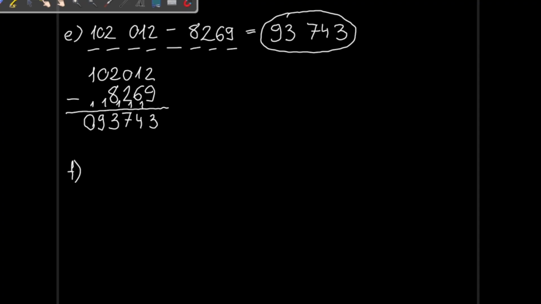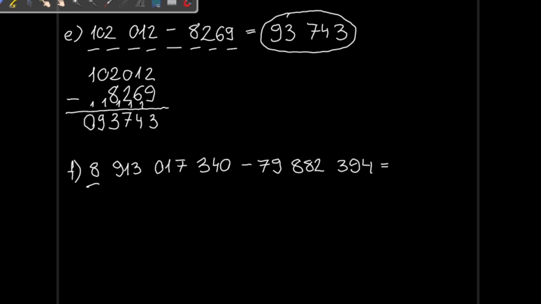The last example here. Oh, this is going to be a big number. We have 8,913,017,340 minus 79,882,394.